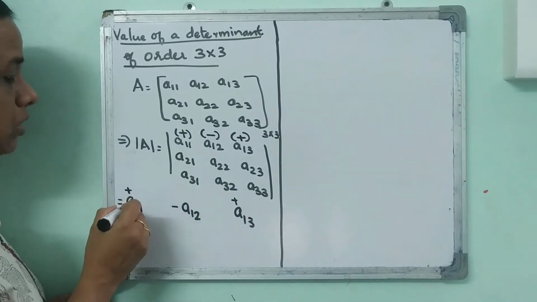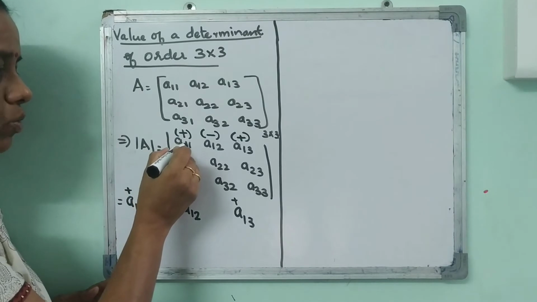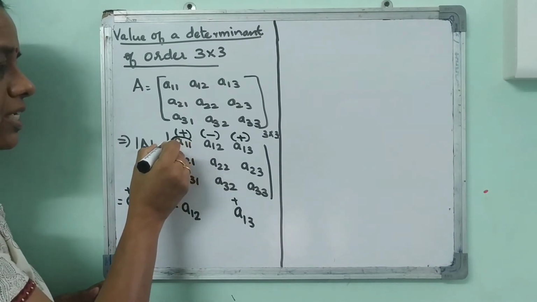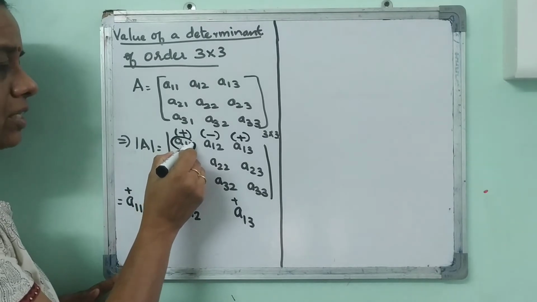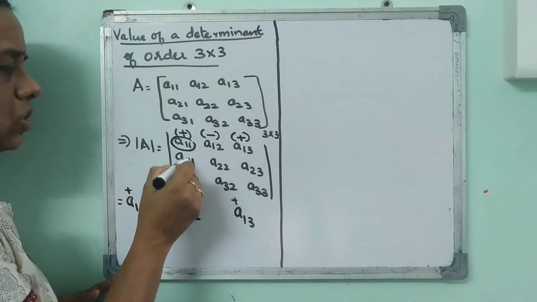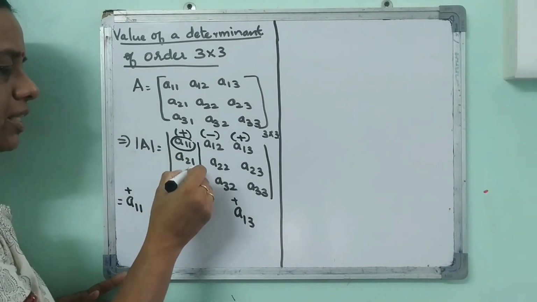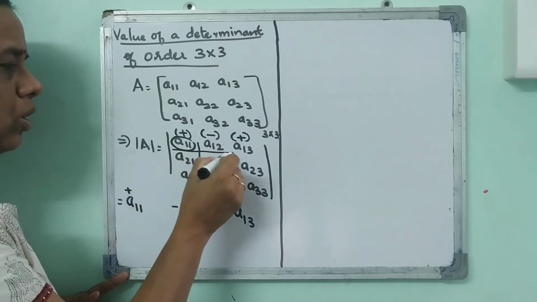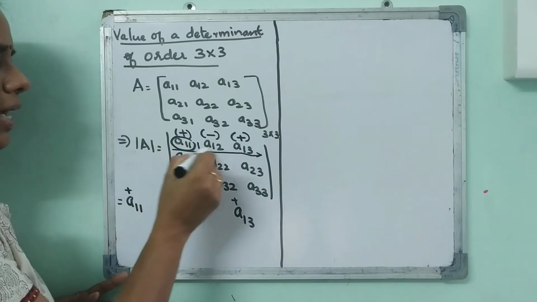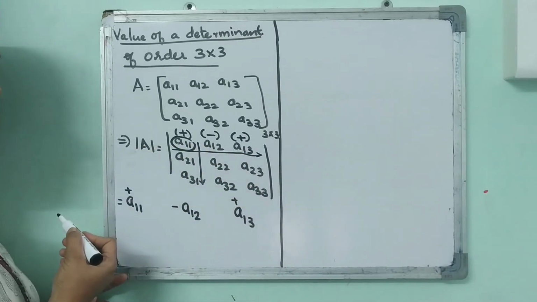Now take the first element. What is the first element we have? It is A11. Leave the row and the column in which that element lies.